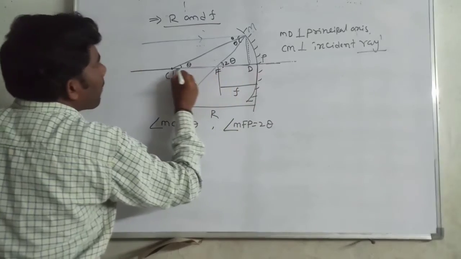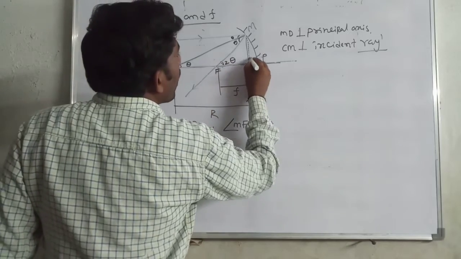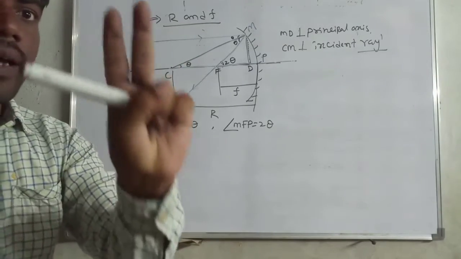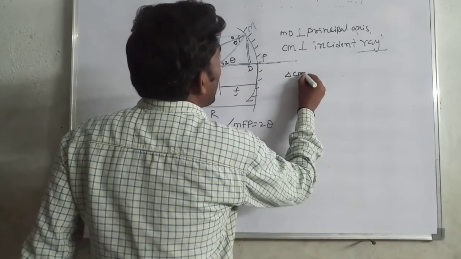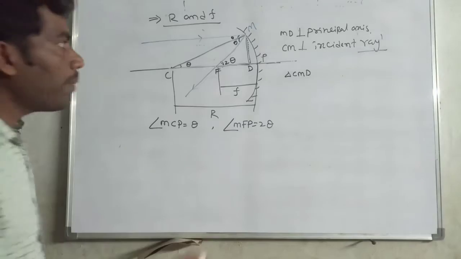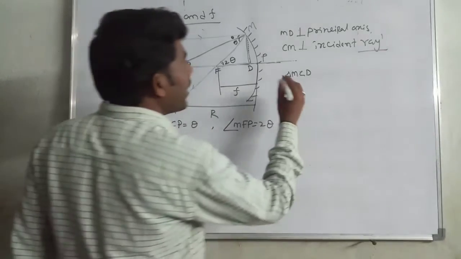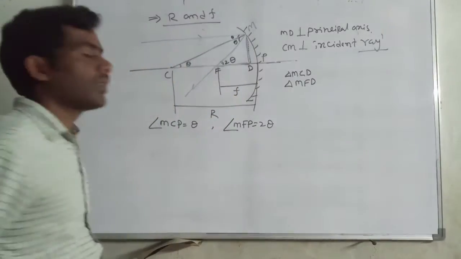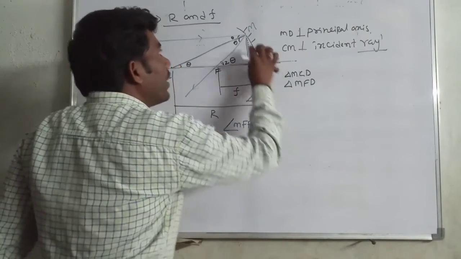This is a right angle triangle, and this is also a right angle triangle. It means in this figure you have two right angle triangles. First one is MCD, and the next triangle is MFD.